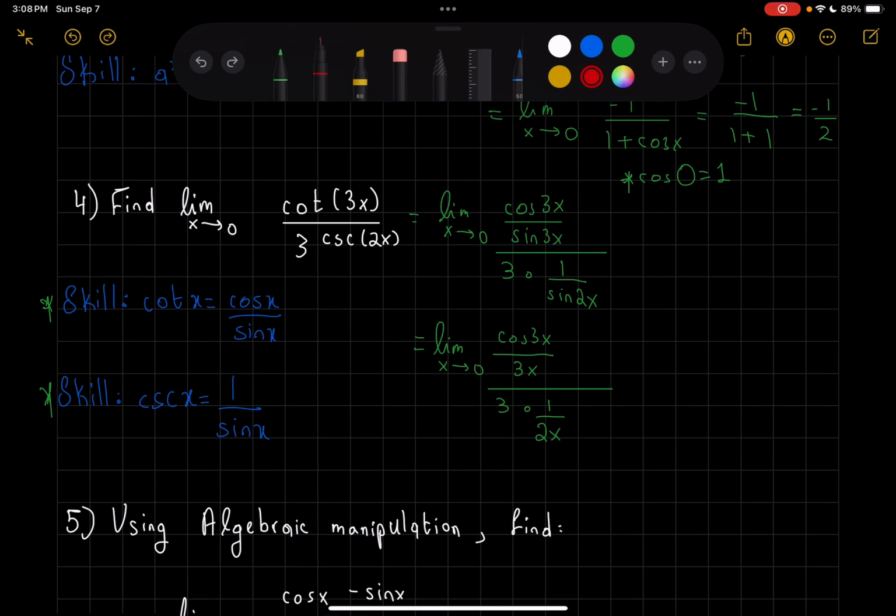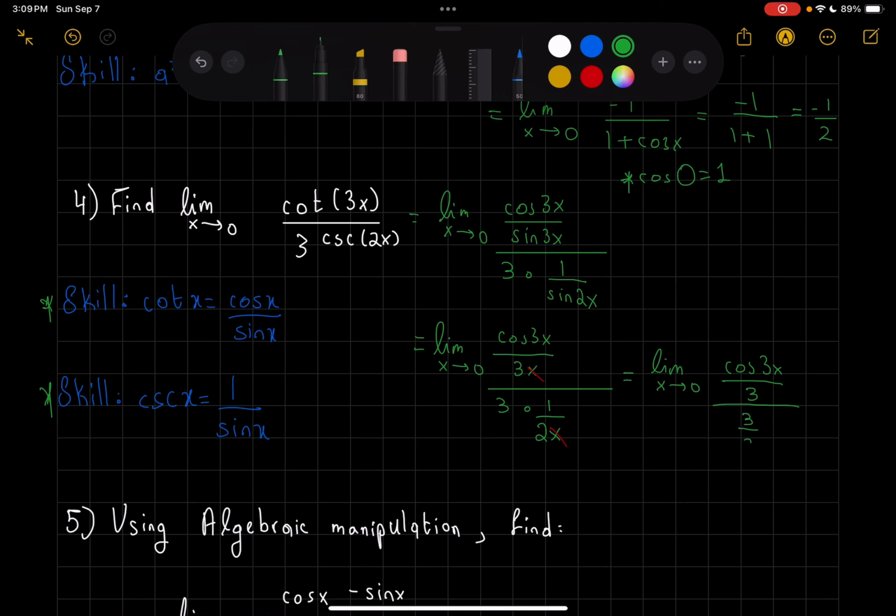Now, according to algebra, if you have a fraction over another fraction, then you can simplify according to their position. Like the numerator can only simplify the numerator and the denominator can only simplify the other denominator. So we can actually simplify the x with the x because they're both denominators in their respective position. So denominator over here, denominator over here, they can be simplified. So then you will be left with cosine 3x over 3 over 3 times 1 is just going to be 3.